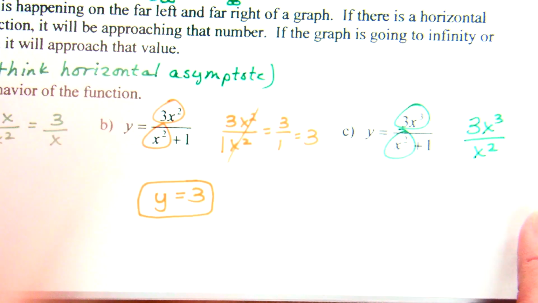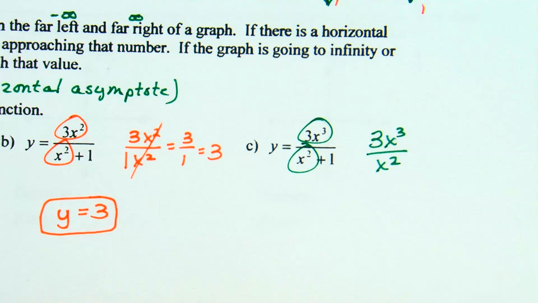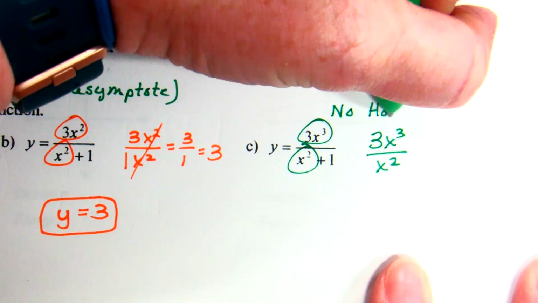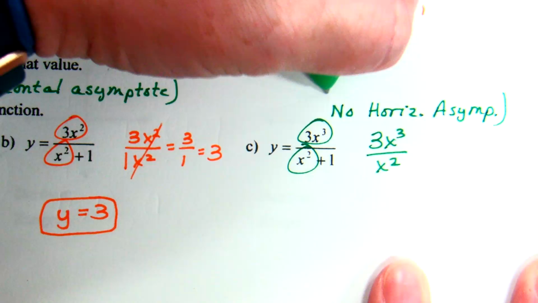So, side note, no horizontal asymptotes. Now, technically, I'm not quite done though, because is that what this section was asking? This section wasn't officially asking what are the horizontal asymptotes, because if so, I could say none and be done. But it's asking about end behavior.